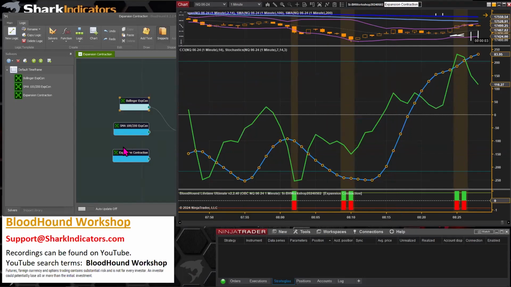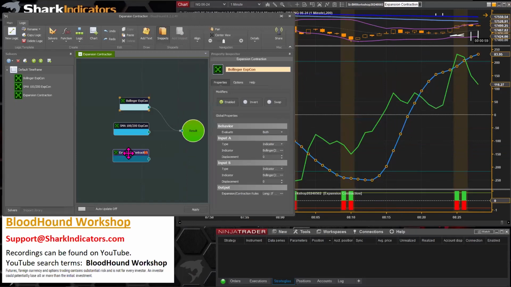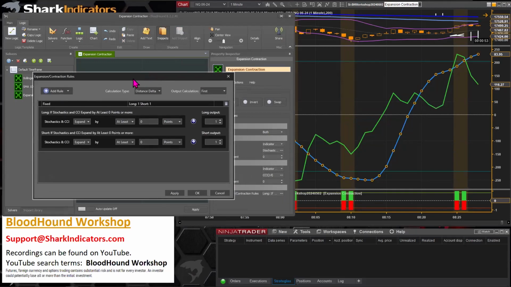Again, this is not a great example, but hopefully it illustrates why, when the measurement units between the 2 indicators differ, the slope delta formula would work better than the distance delta.